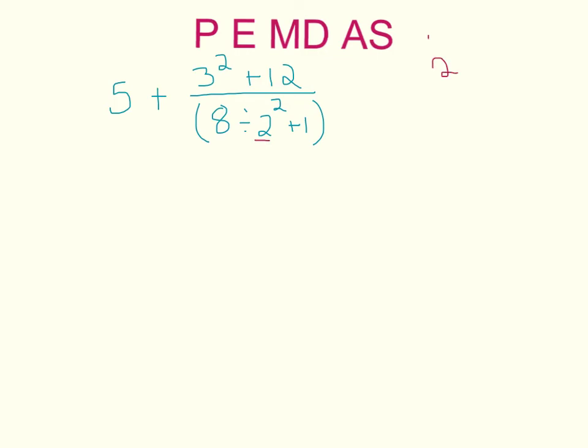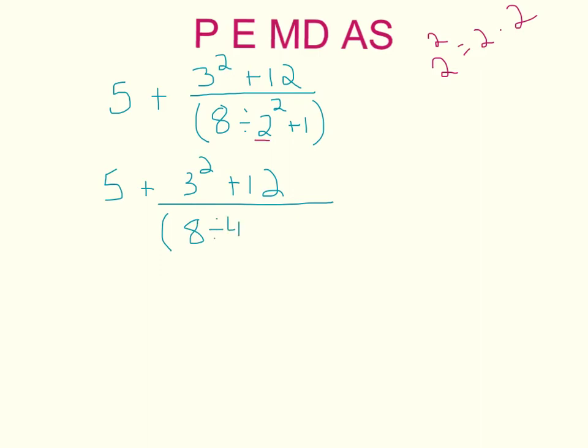Remember what exponents mean? 2 squared means that you have 2 2's, and 2 times 2 is 4. So let's rewrite my expression. 5 plus 3 squared plus 12, all divided by 8 divided by 4 plus 1.